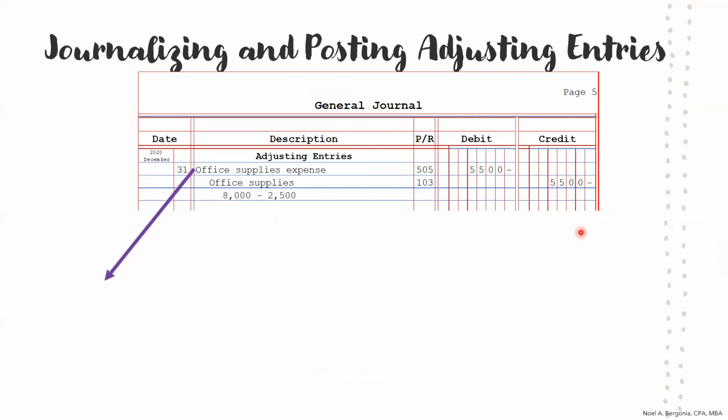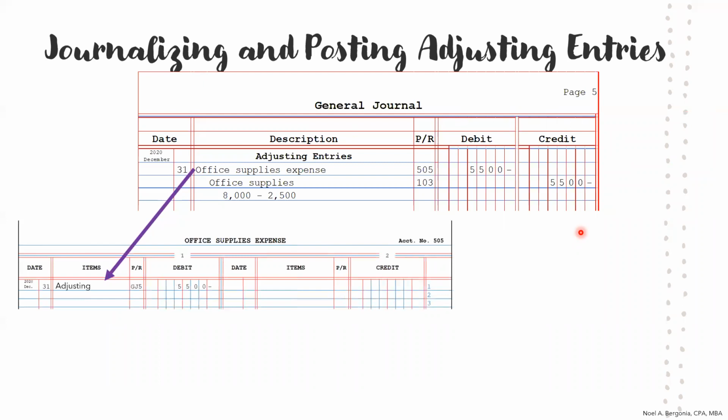You post it: find the office supplies expense and debit it. Now, the only change in our posting, as you have noticed in the module as well as in my presentation today, is that in the items column, if this is related to an adjusting entry posting, you write "adjusting" in the items column.